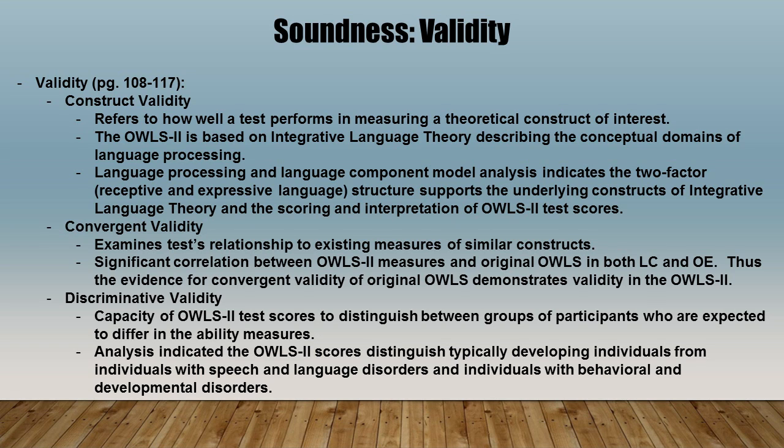There was also significant correlation between the language comprehension and oral expression subtests of both the OWLS and the OWLS 2. Finally, discriminative validity states that the test can discriminate students with higher language processing abilities and lower language processing abilities. The administration manual affirms that the test had discriminative validity along with the construct and conversion validities as well.